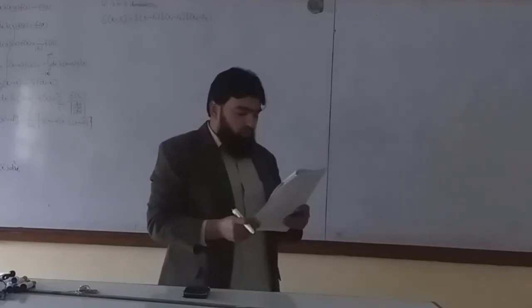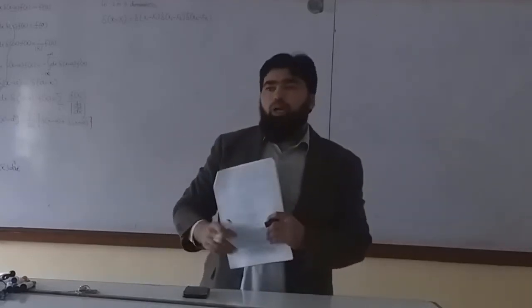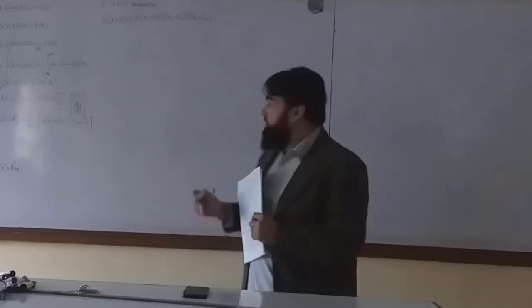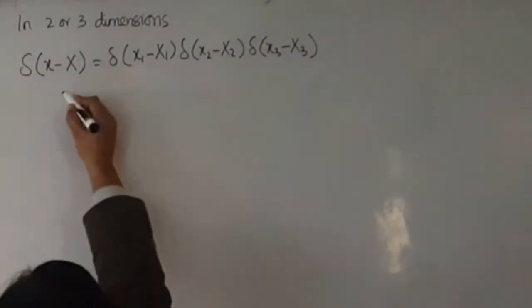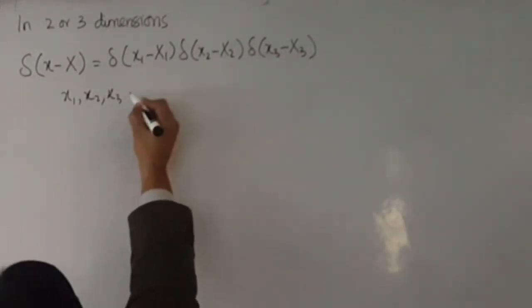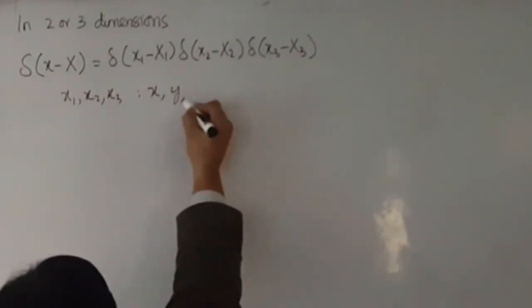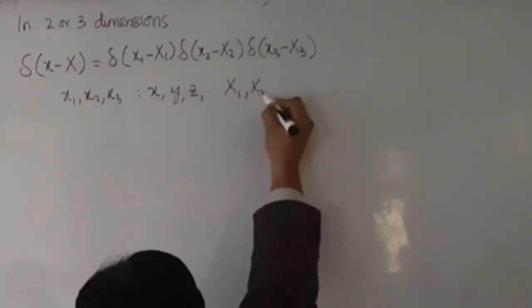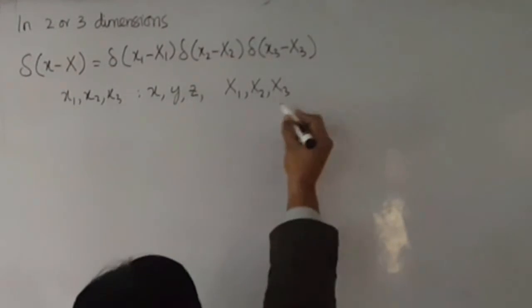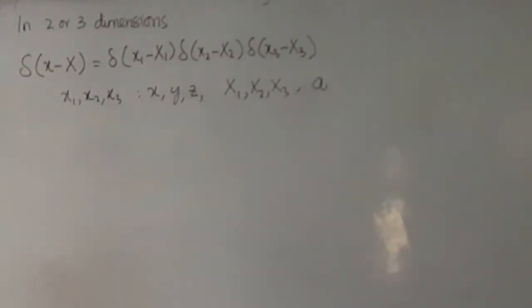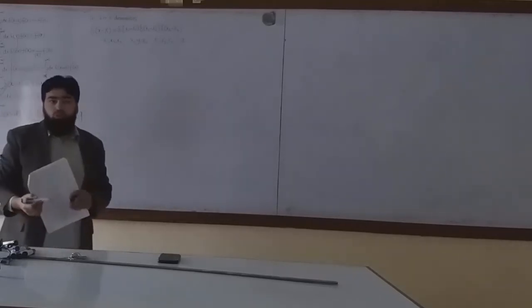And you know that the small x1, x2, x3 correspond to our x, y, z variables, while the capital X1, X2, X3 correspond to the exact values, which in our earlier case was a.